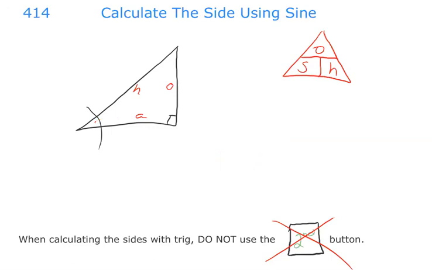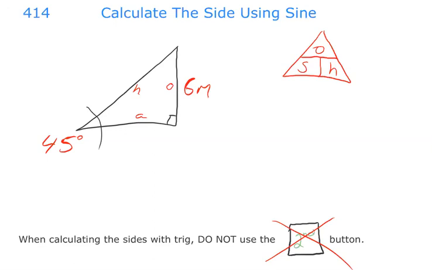So what if we have 45 degrees and 6, well, that's not going to work right out of the gate. 6 meters, okay? So I've got an opposite and I've got an angle.